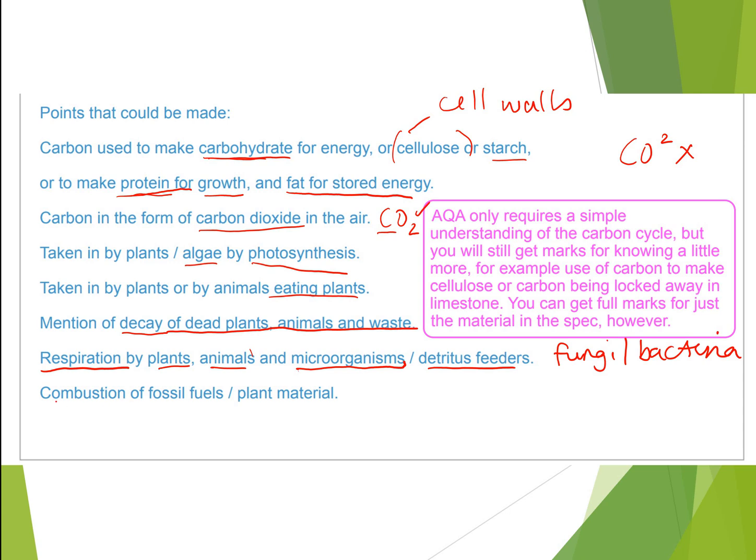And the final process is that fossil fuels, okay, from dead animals and plants that have been fossilized and turned into things like coal, oil and gas, when they are burnt, try to use the key term combustion, that this releases carbon dioxide. So it only requires a simple understanding of the carbon cycle, but you will get marks for knowing a little more. For example, use of carbon to make cellulose or carbon being locked away in limestone.